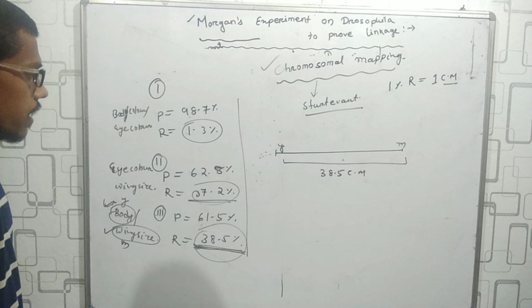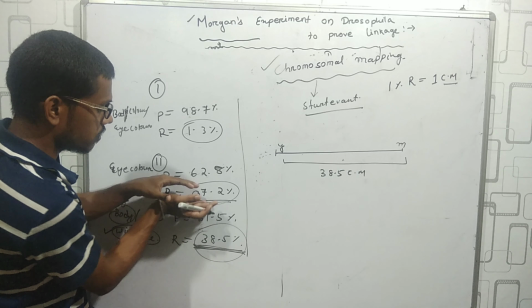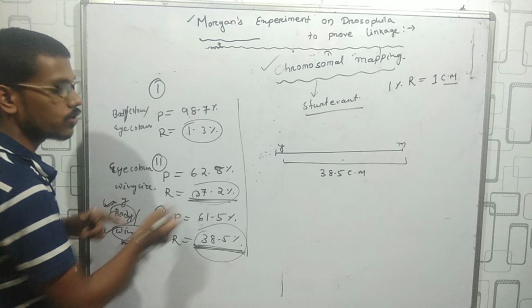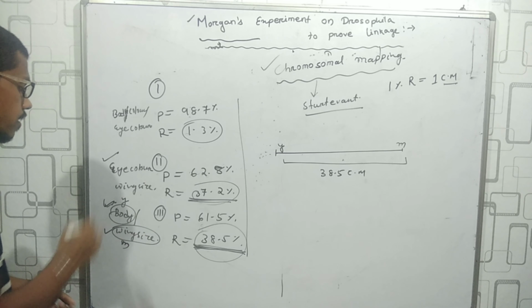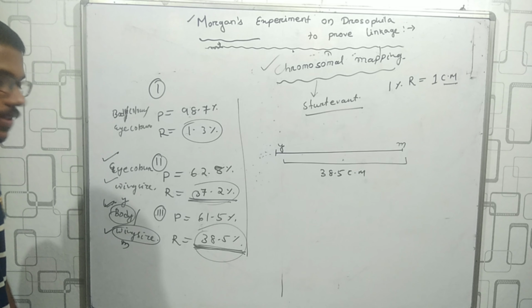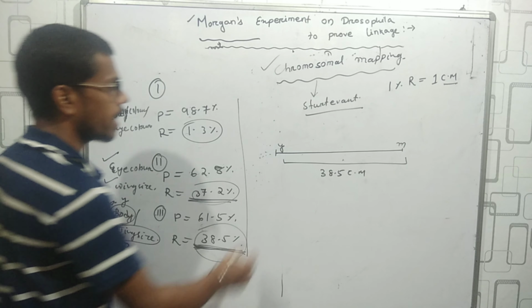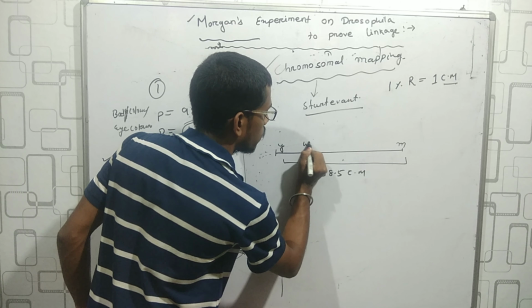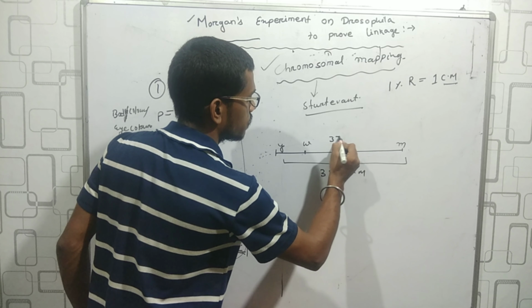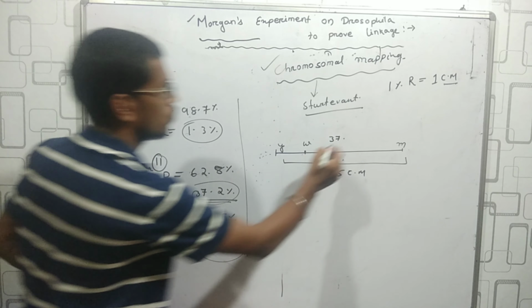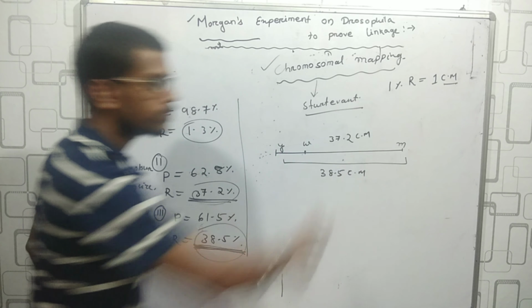As compared to this, the other is less, that is 37.2, between the gene responsible for eye color and the gene responsible for wing size. The gene responsible for eye color is small w, and this is the wing size, and the distance is 37.2 centimorgan.